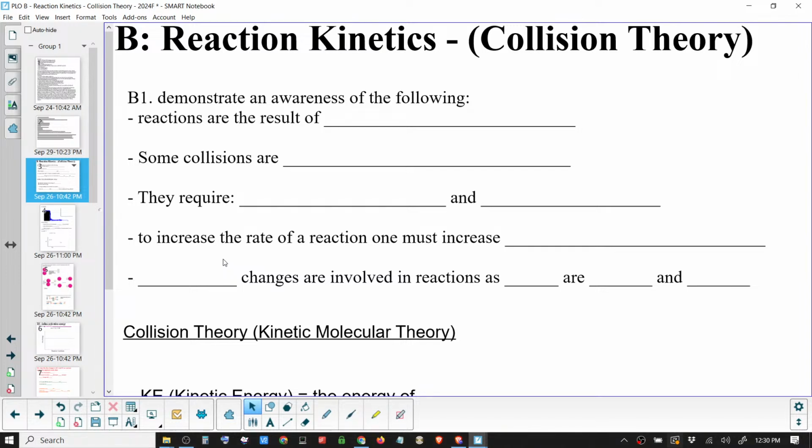Number 16 is state 5 ways of increasing the rate. That's a really good one. What ways would you do it? Well, it's a closed system, so does it mean ways to change it without opening it? It didn't say that. I don't know if the answer's going to say that, but I wouldn't assume that. So you have this reaction in a closed system.